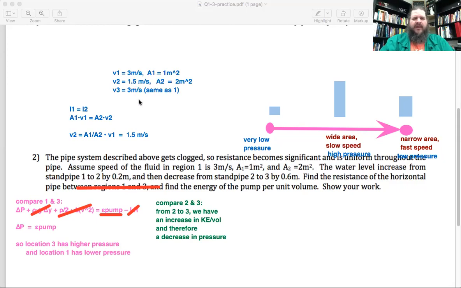So we now know the speeds everywhere. And it also tells us the water levels in each standpipe, or at least the differences in water levels. What does the standpipe tell you? If there's a difference in water level in the standpipe, what could you convert that to?